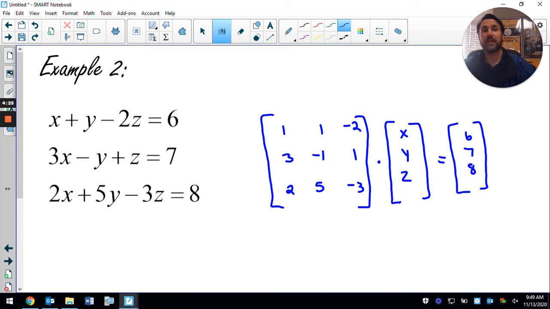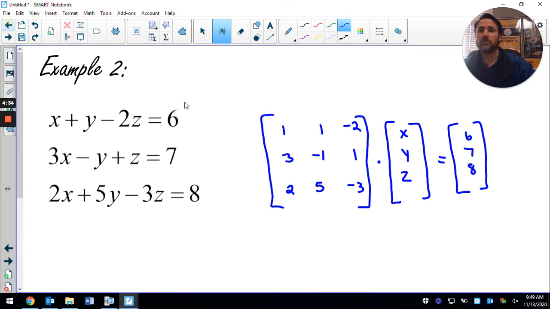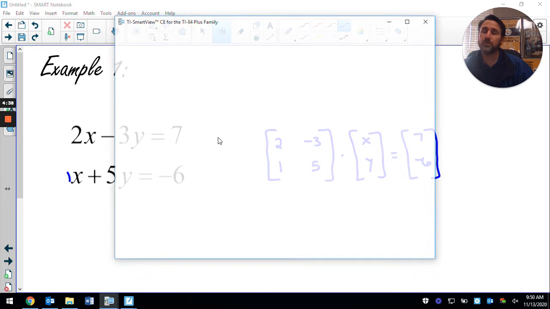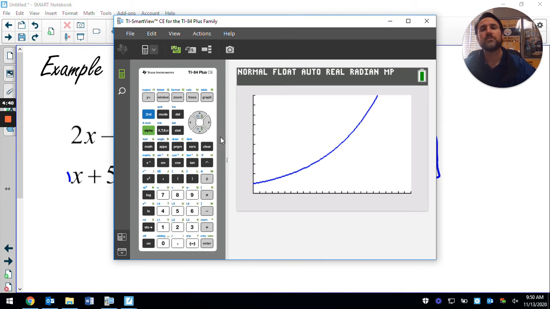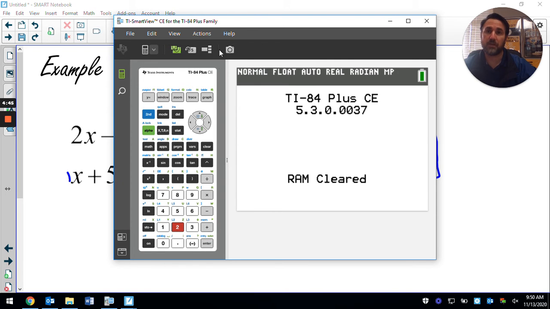Now, let me give you a little bit extra. Even though we don't have to cover it in this section or in this course, matrices are very powerful. You can solve systems of equations using a substitution approach, you can use the elimination method, or you could even use the graphing method, okay?